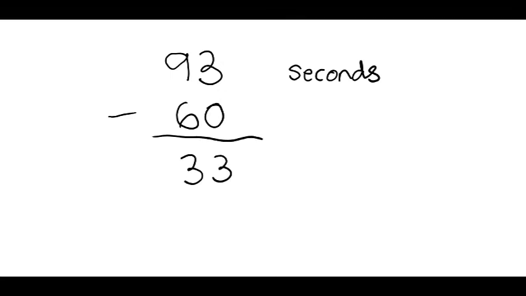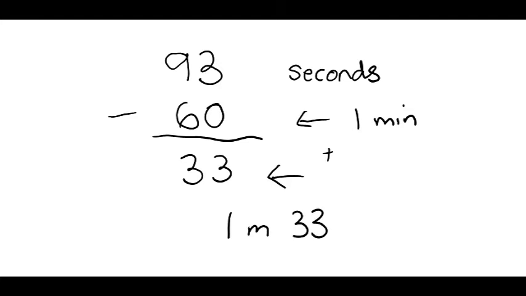So to simply do that, I just take away 60, leaving 33. That is now fewer than a minute. So I know I have 1 minute, which is 60 seconds, and 33 seconds left over. So 93 seconds converts to 1 minute and 33 seconds.